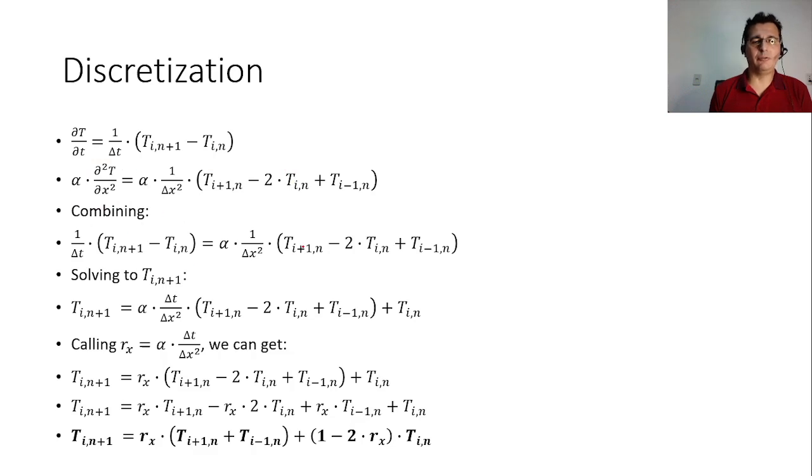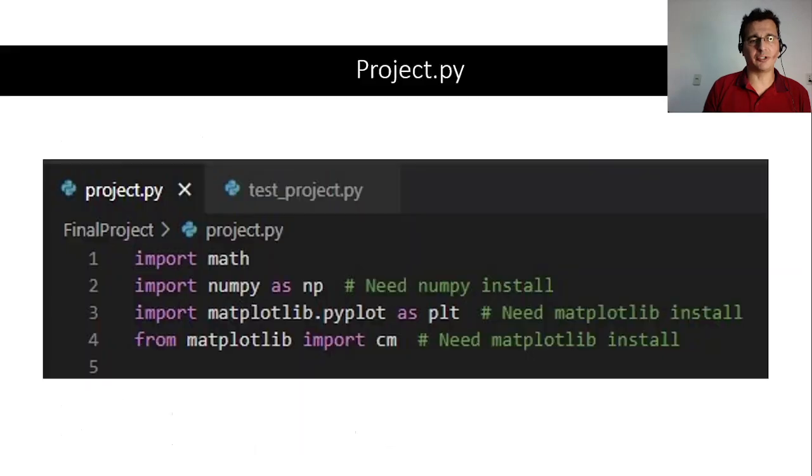Combining those two we have this expression, and we solve for the temperature in the future, n plus 1. Calling this expression Rx, we can make a simple expression that is the discretized expression to solve in this project.